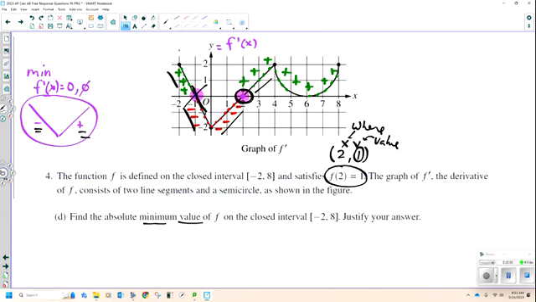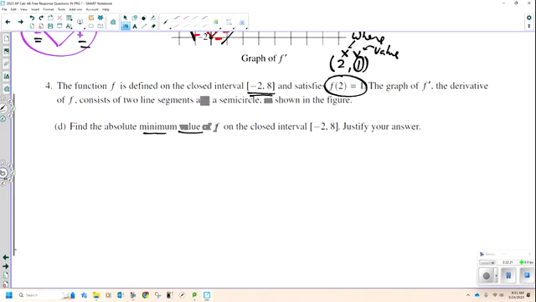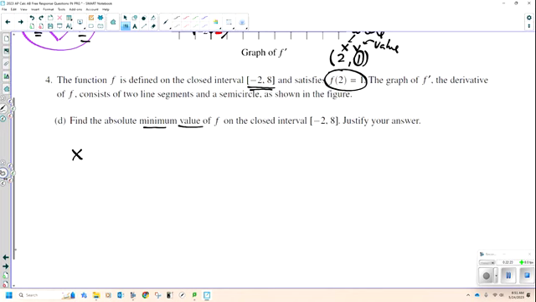We have endpoints. We need to check our endpoints to make absolutely sure that neither of our endpoints are lower than 1 on the y-axis for the original graph. So this is what I'm going to do because I like you guys. Here's x. Here's f of x.